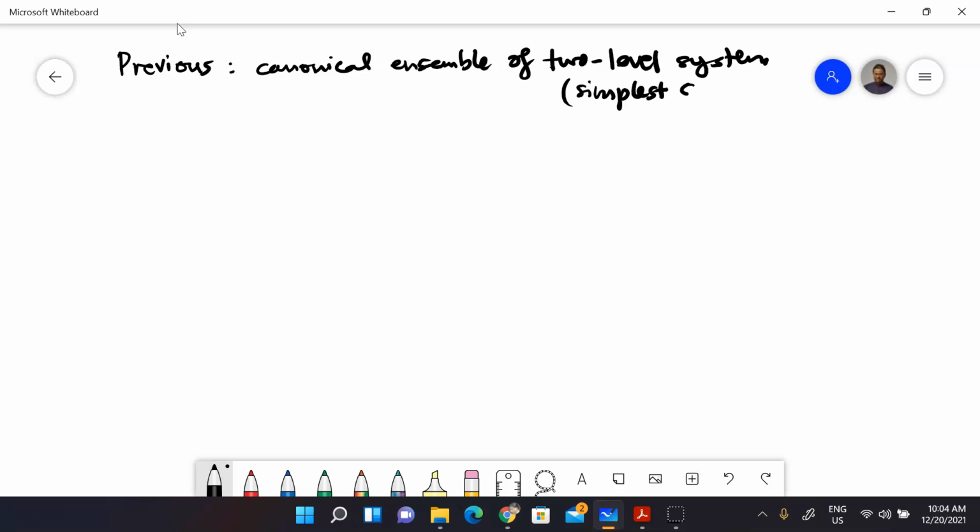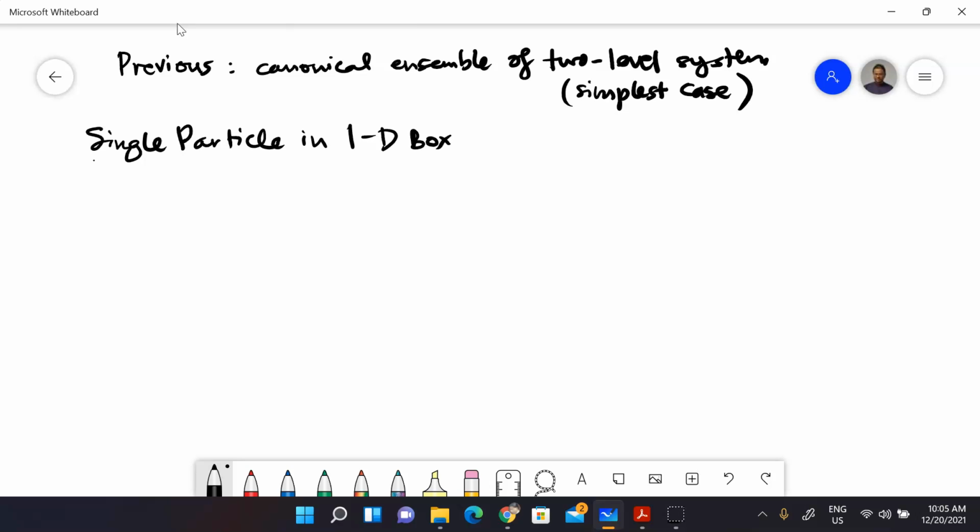So today we're going to look at a different one, but in a way it's also simple in the context of how the energy levels are being solved. So let me write that down. We are looking at a single particle in a one-dimensional box.